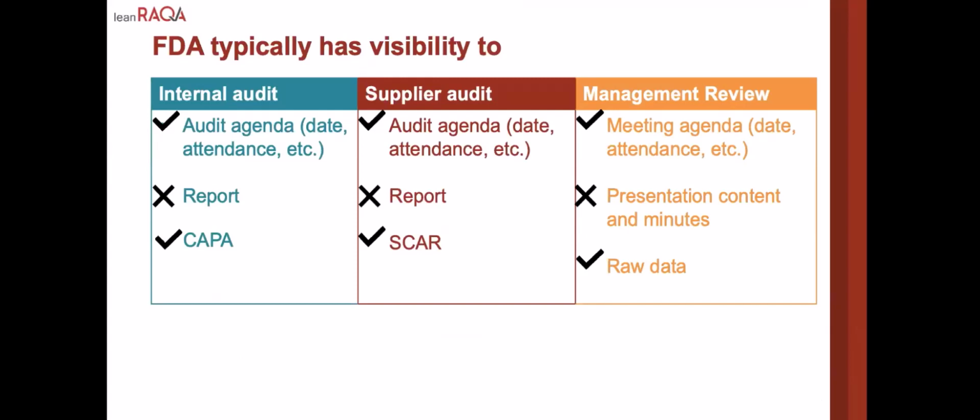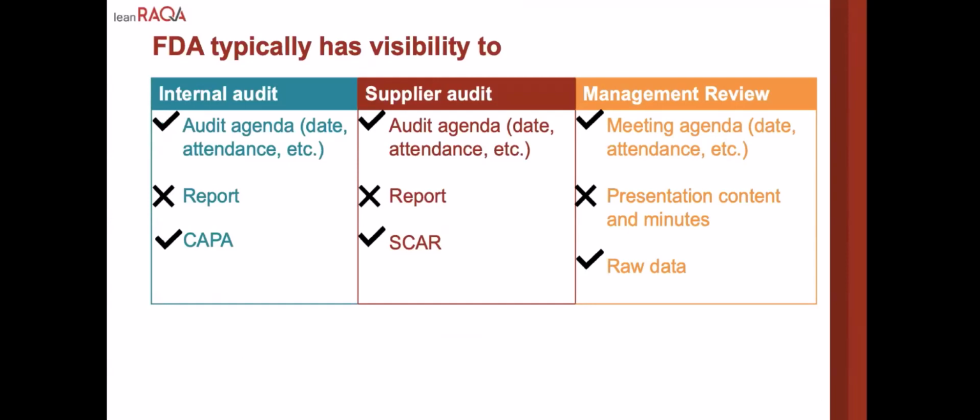And so another big difference is FDA typically has limited visibility to certain types of data. For your internal audits, your supplier audits, and your management reviews, they're really just limited to your agendas and your sign-in sheets. They can't see reports.